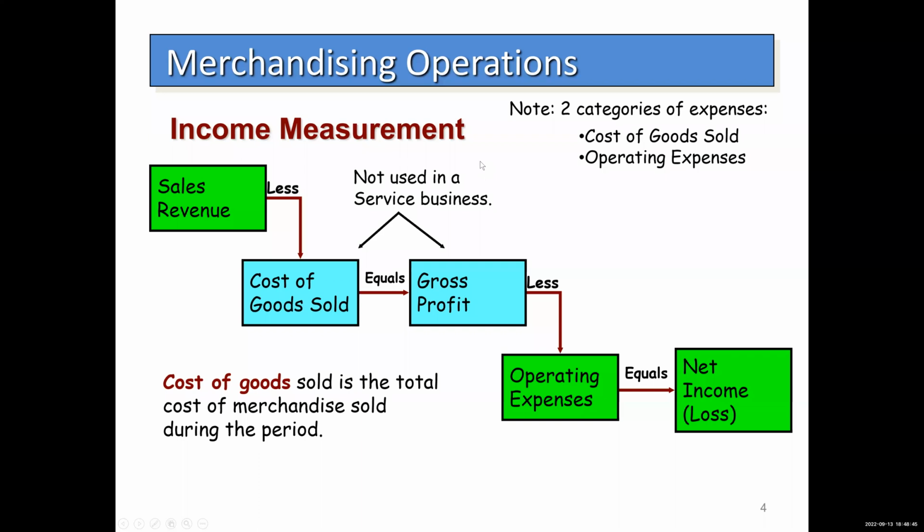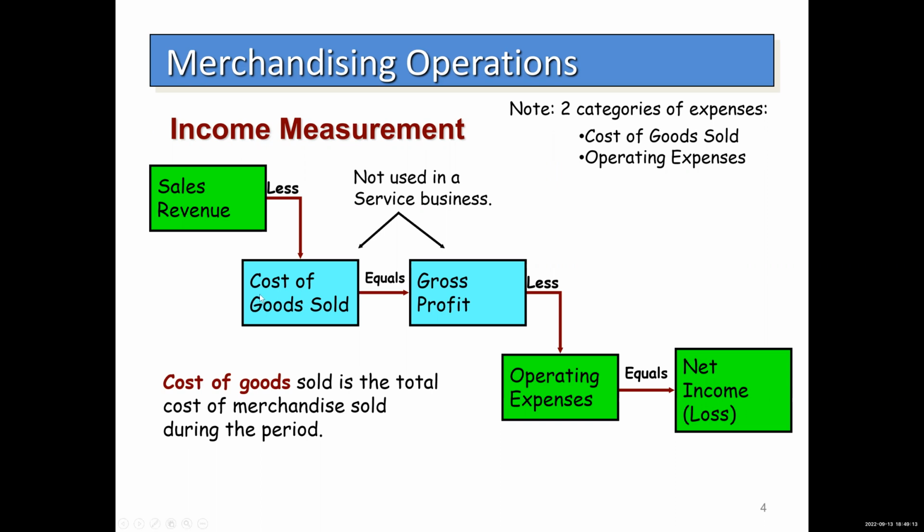Notice that in a merchandising operation, there are two categories of expenses: cost of goods sold expense, and then operating expenses. So how does this work? Well, sales revenue is what we sell our inventory for, and the cost of goods sold expense is what the inventory cost us.